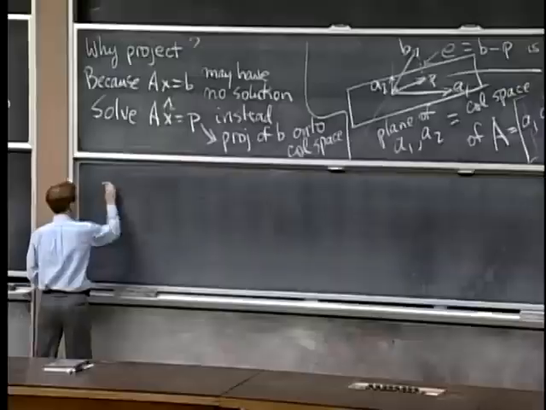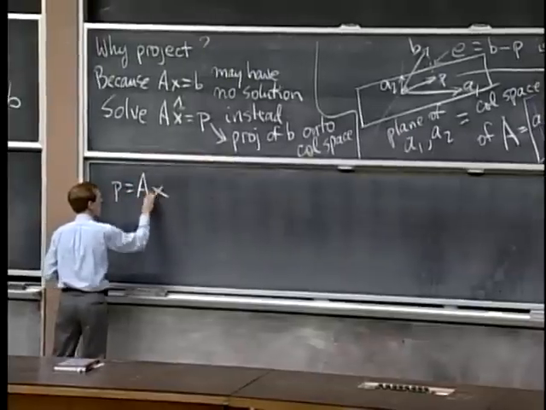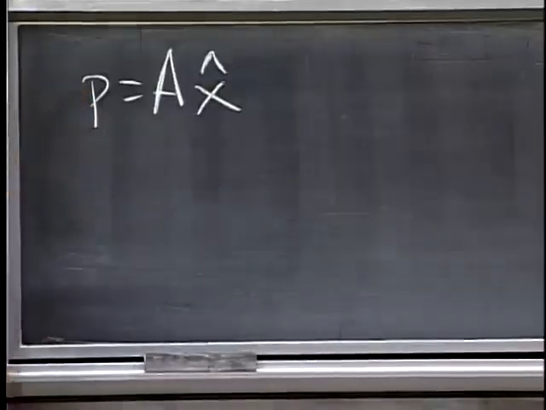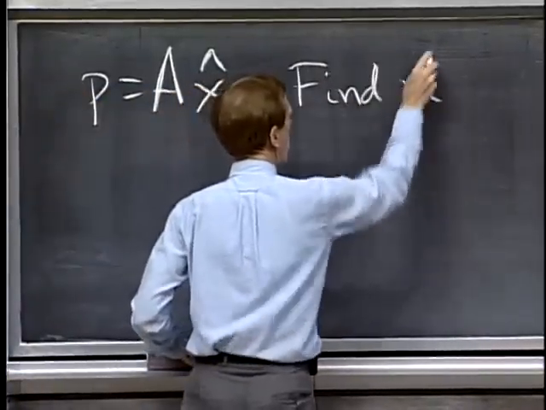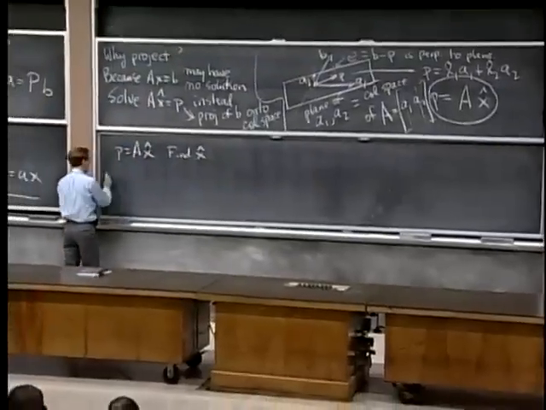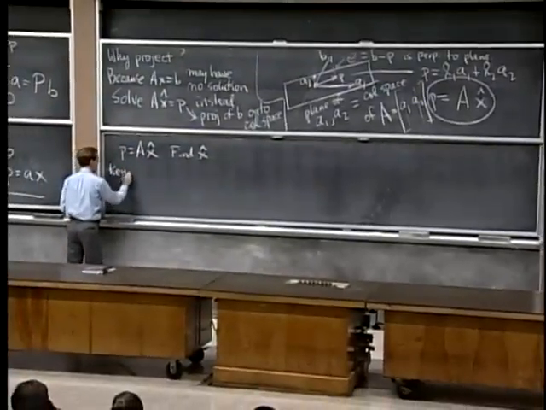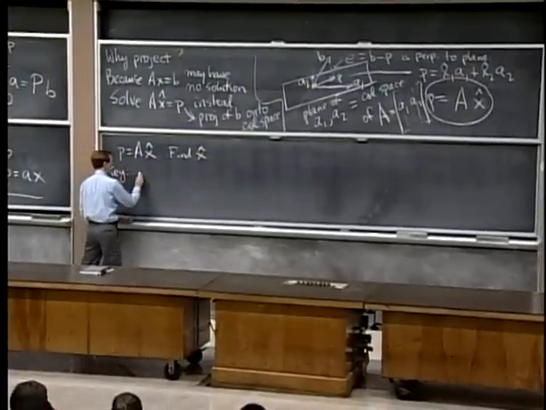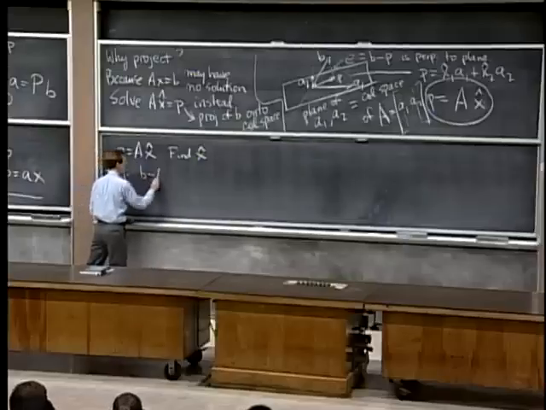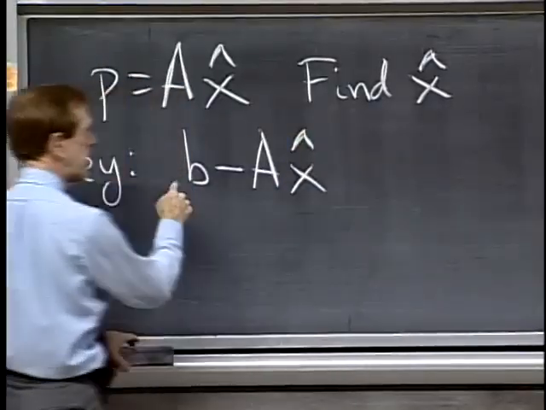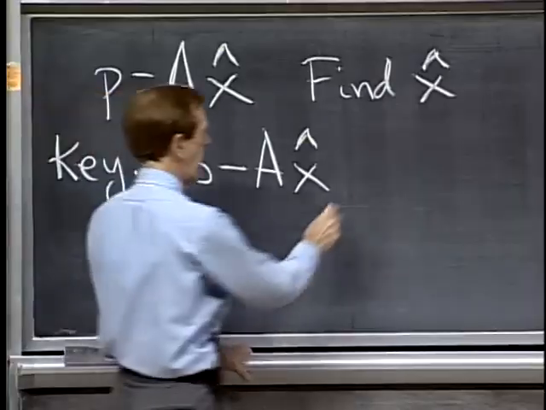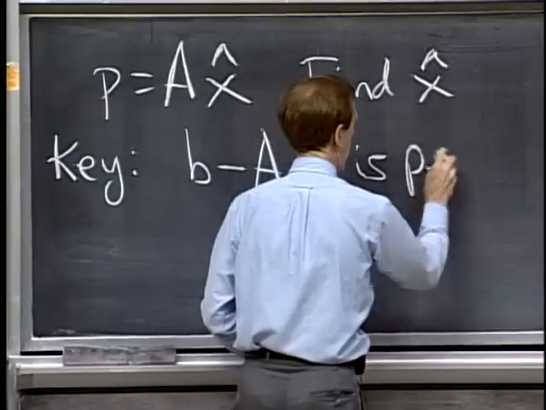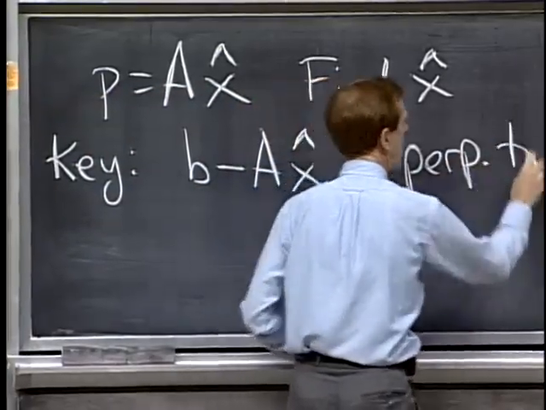The projection is A x hat, and our problem is find x hat. And the key is that b minus A x hat, that's the error, this is the e, is perpendicular to the plane.